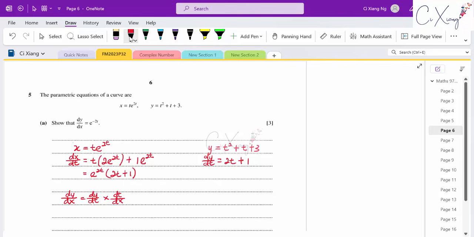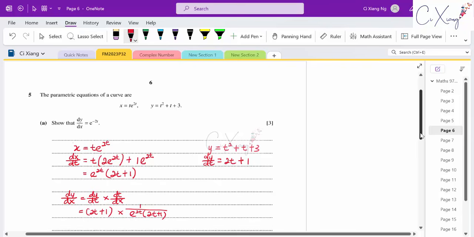What is dy/dt? We have the equation here. dy/dt can be written as 2t plus 1. And then for dt/dx, I need to make this equation reciprocal. So I'm having 1 over e^(2t), and then multiply with 2t plus 1.